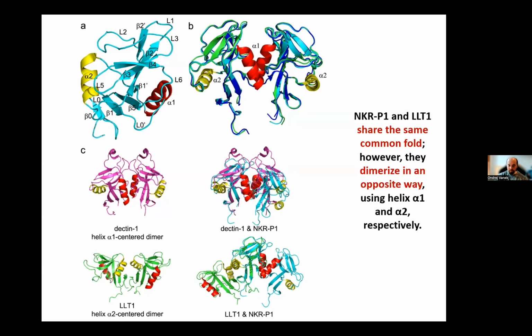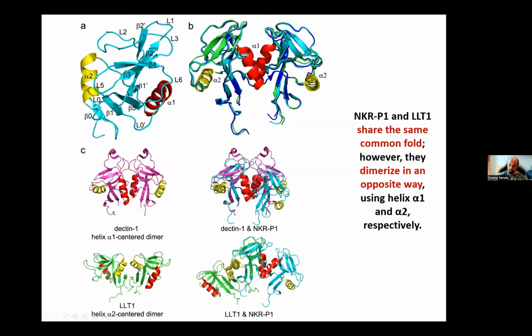You see that the fold of the monomers is very similar, but the way the dimers are formed is opposite. We colored helix alpha 1 in red and helix alpha 2 in yellow. In one case, the dimerization interface is based on helix alpha 2, and in the other on helix alpha 1.